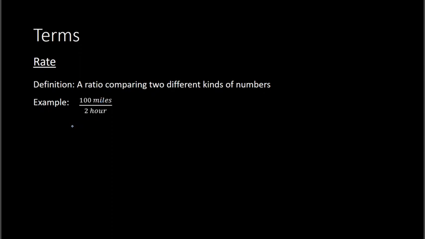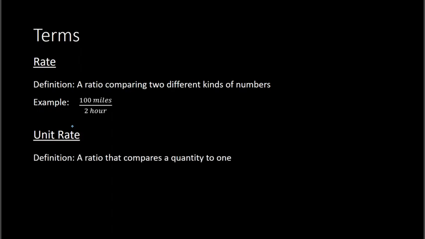Now we have what is called a unit rate, which is a ratio that compares a quantity to 1. So for example, 100 miles over 2 hours, I can reduce this to be 50 miles over 1 hour. So here, this is considered my unit rate because I have simplified so that my ratio is comparing the miles to 1.